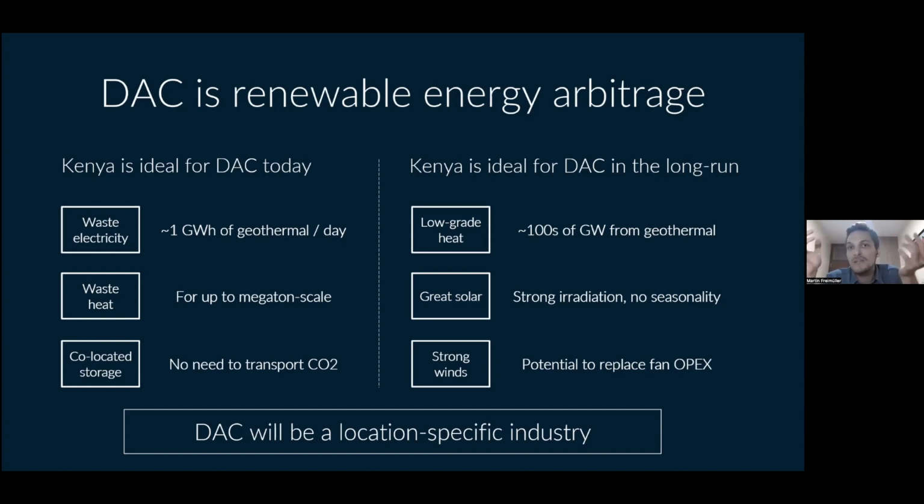Our thinking is that DAC is a form of renewable energy arbitrage, where you really want to go where you have renewable energy in abundance. And there will be some places on Earth that will have that much more than others, today and in the long run, which is why we are so convinced that Kenya is the best place on Earth for DAC.